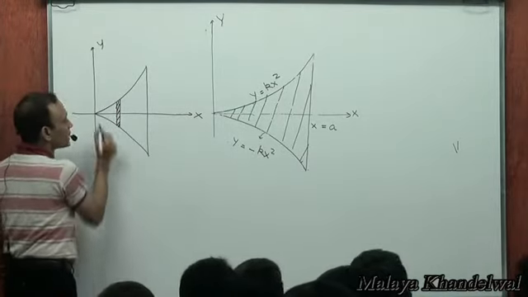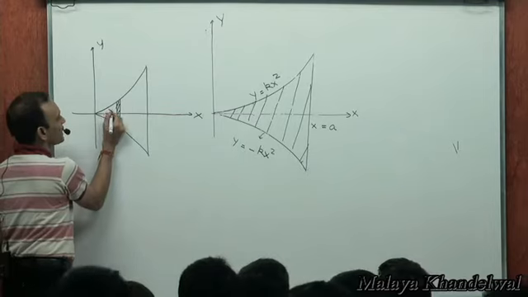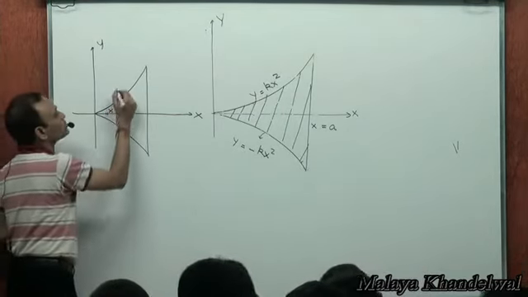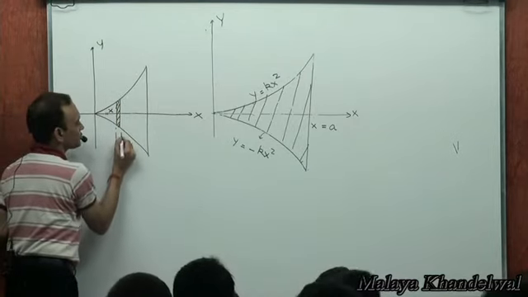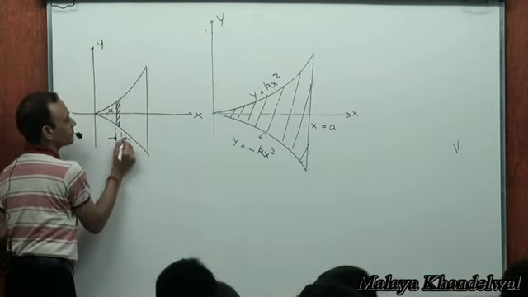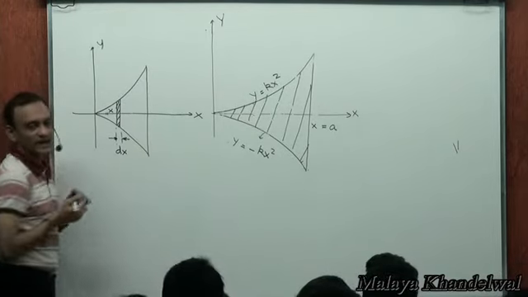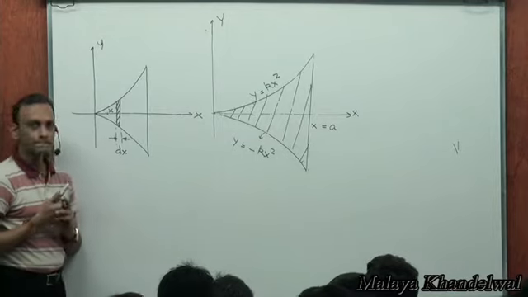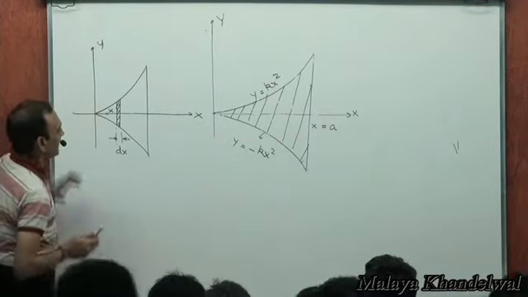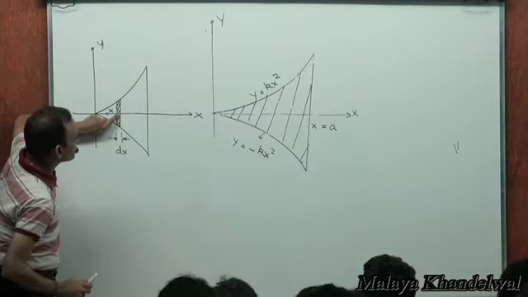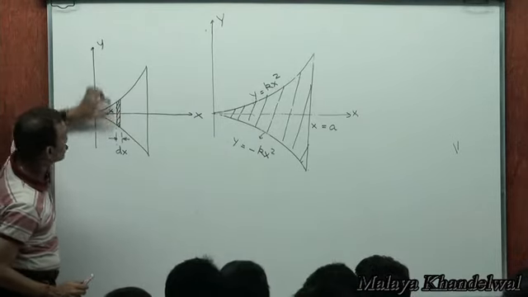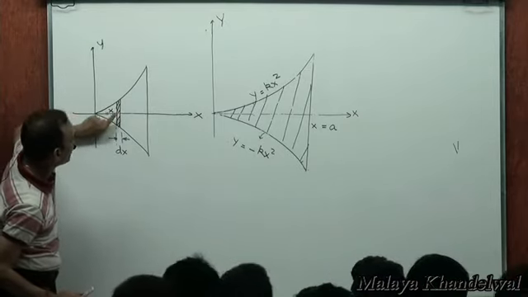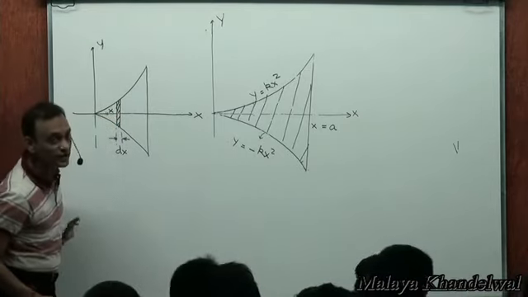This is an element located at a distance x. That means the x coordinate of this element is x and it is of thickness dx. This is an element that I select. And the center of mass of this element is at x, because this and this are identical. So the center of mass of this shaded element would be at x, where this element is located.